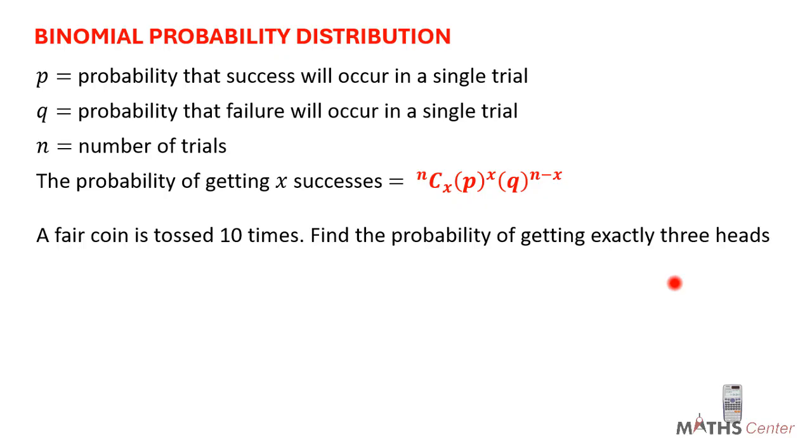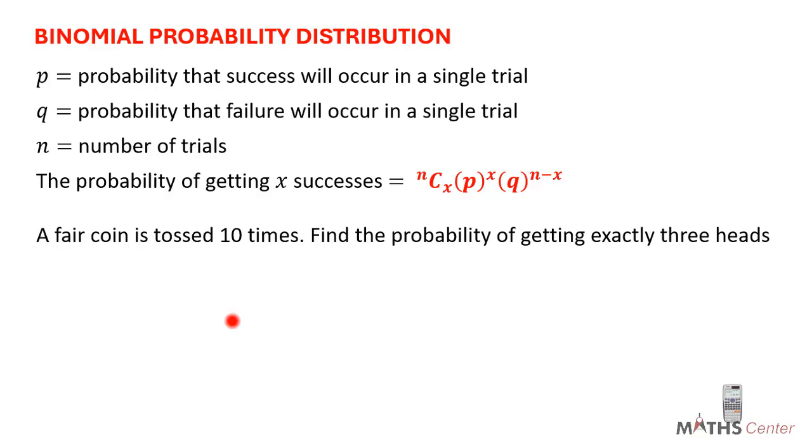If we are to go by the normal process which we learned under the lesson on probability, we will have to draw a very big table to find a set of all possible outcomes when you toss a fair coin 10 times, and that will be very tedious. But with the help of the binomial probability distribution, we can easily find the probability of this event.